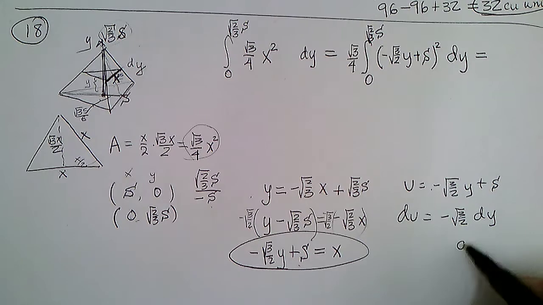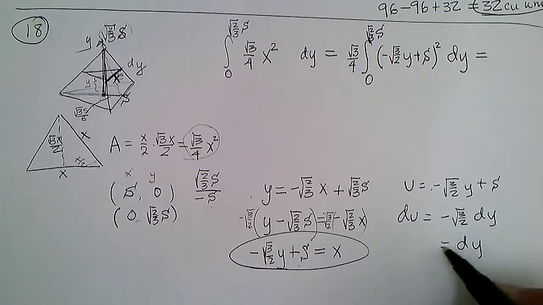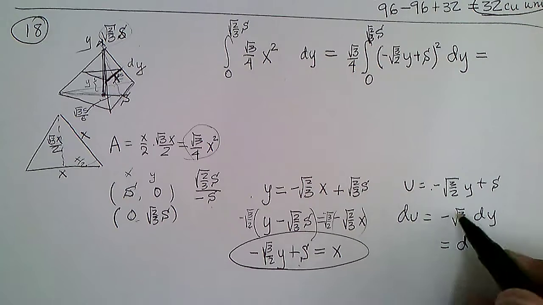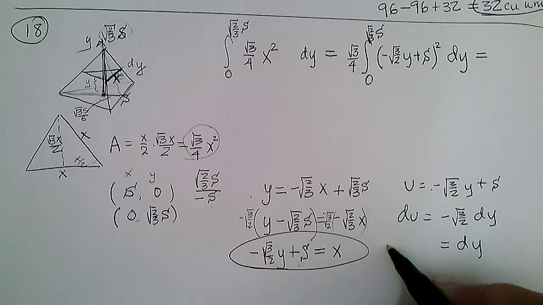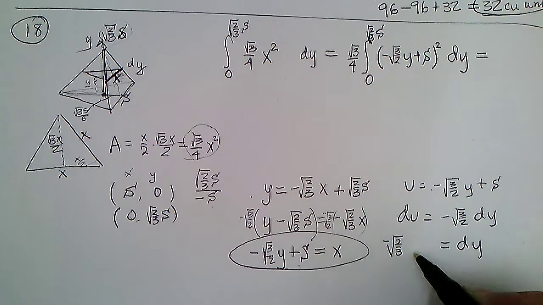So dy will be replaced with, multiply both by the reciprocal, the square root of 2 over 3 negative du.